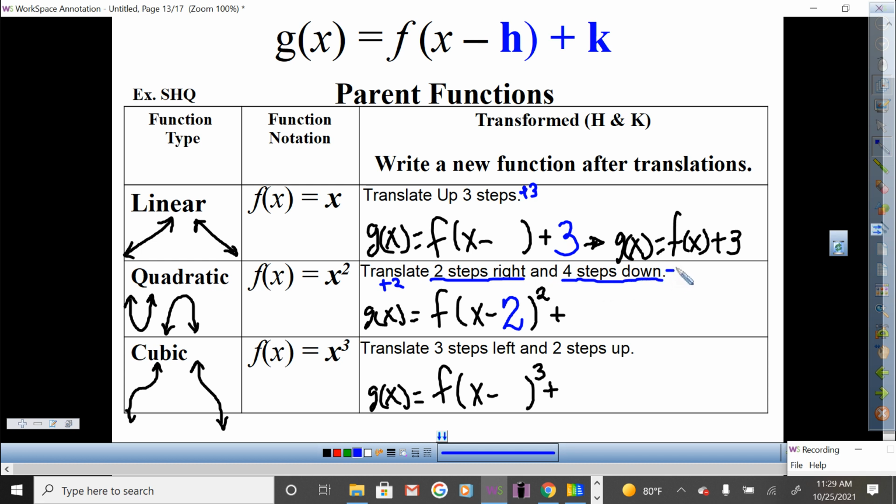That's a negative 4. Where does that go? Outside, so I write it here, negative 4. But can we leave it like that? I can leave it like that, but it's kind of funky having those 2 different signs, so let's rewrite it. So this becomes g of x equals f of x minus 2 squared, and then minus 4.